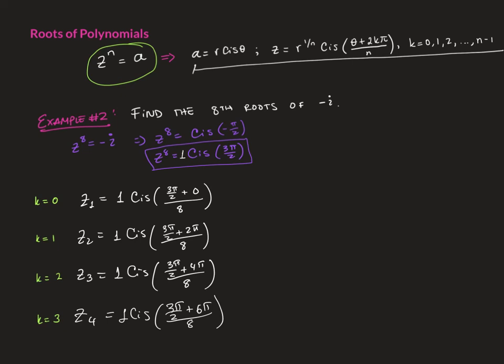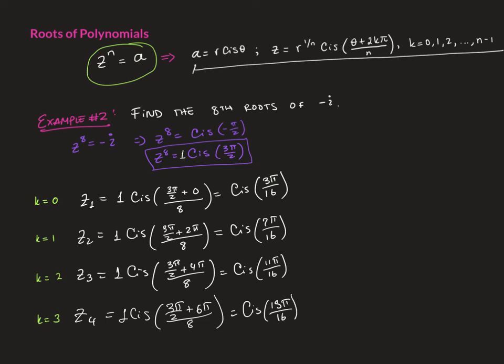And before we find the other 4 solutions, because in this case we should find 8 solutions, let's simplify these ones. So z1 is going to be cis of 3 pi by 16. z2 is going to be cis of 7 pi by 16. z3 is going to be cis of 11 pi by 16. z4 is going to be cis of 15 pi by 16.